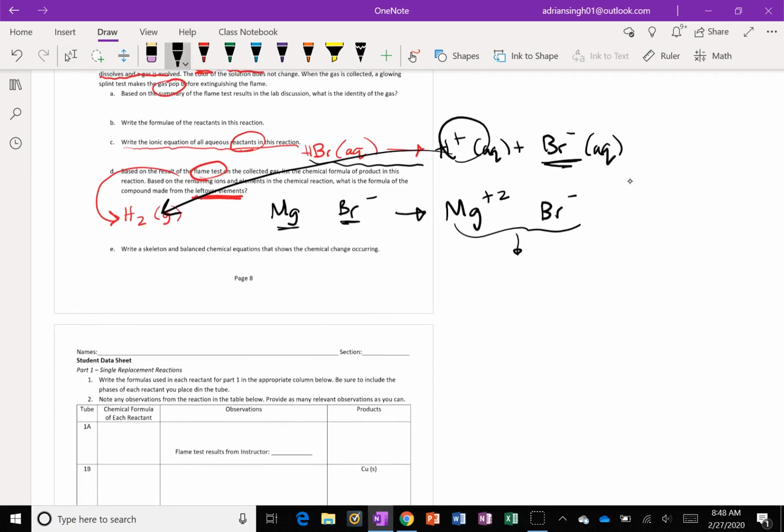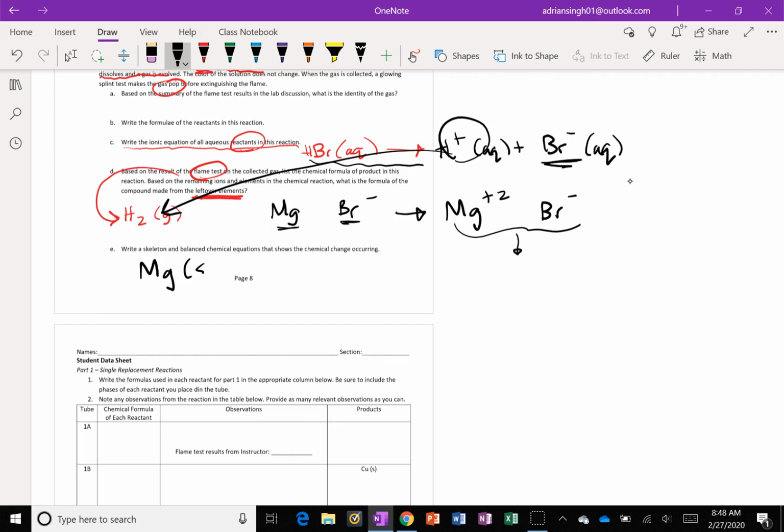Then you can write the skeleton equation. It would be similar to the one that I demonstrated to you in lab, where we tested it with the glowing splint and it gave you a pop with a squeak.